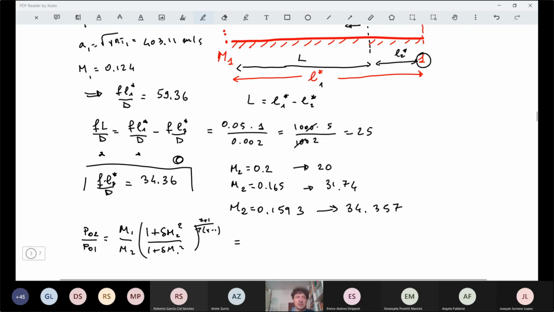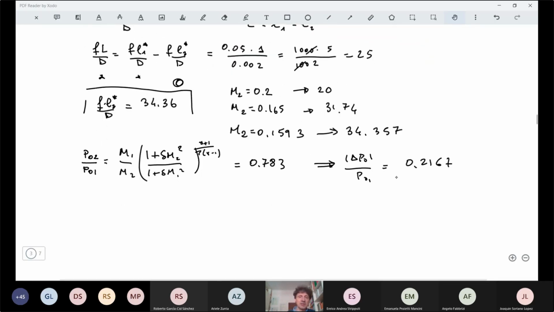And with these two Mach numbers, we obtain that this ratio is 0.783. That means that our delta P over P, of course this is 1, would be 0.2167. And this is our loss, 21.6 bar, because it is 100 bar. So our delta P0, what we had to compute, is 21.67 bar.